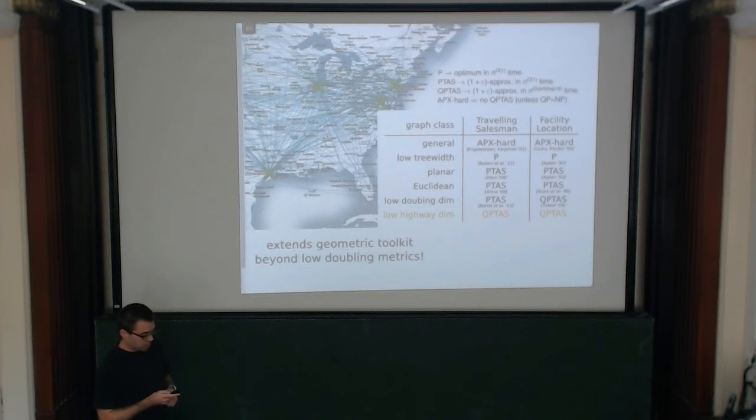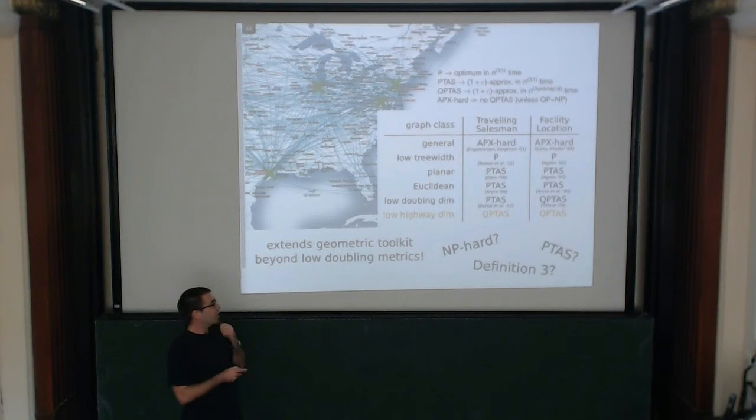And just in the very end, to mention some open problems. We get these quasi-polynomial time approximation schemes, but what we actually don't know is whether the problems are actually NP-hard on these graphs. One obvious question also, even if they are NP-hard, is it's not clear how to get PTASs.